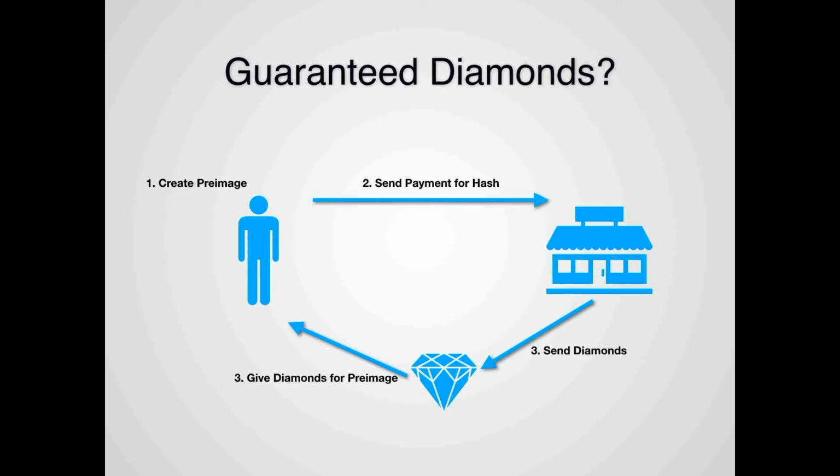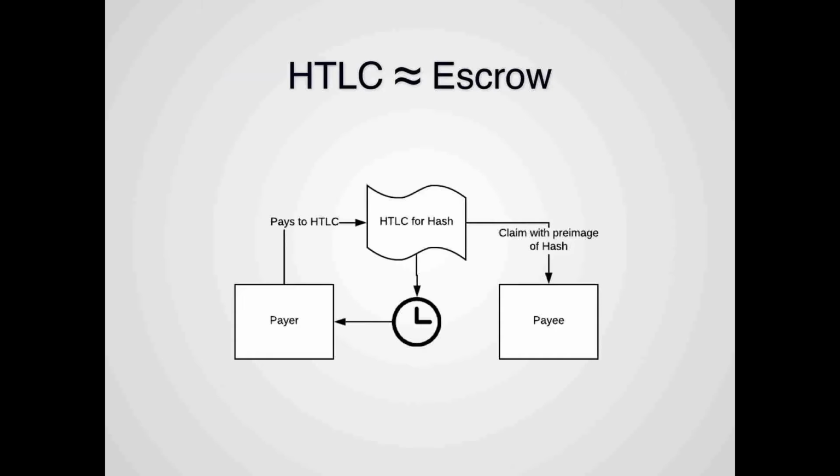And when you start thinking about linking to the real world, for me at least, I also think about linking to the traditional financial world. If you revisit what an HTLC is, it's really an escrow, in which the only condition for cashing that escrow is the revelation of a pre-image. The way that the Bitcoin blockchain and the Lightning Network handle these HTLCs, they're basically escrows without a trusted third party.